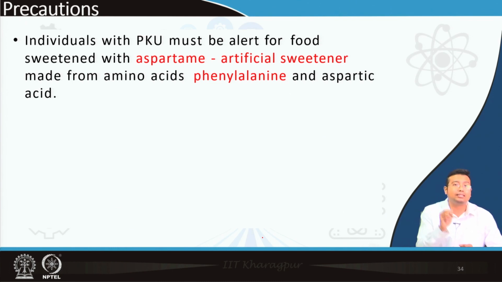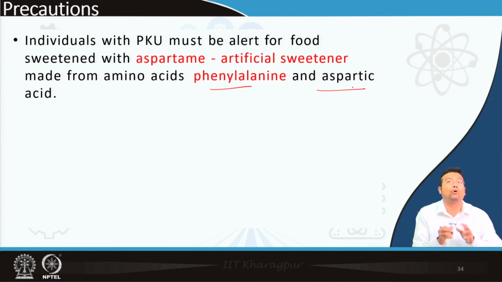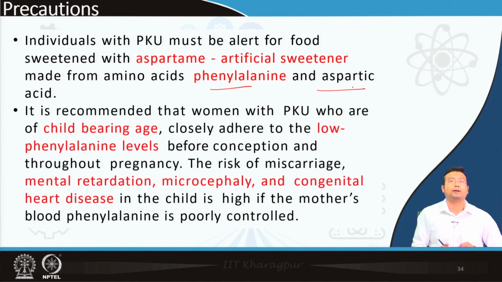These are derived from phenylalanine and aspartic acid, and that will be a problem, because we do not want to increase the phenylalanine load of the body, since phenylalanine cannot be metabolized in phenylketonuria.